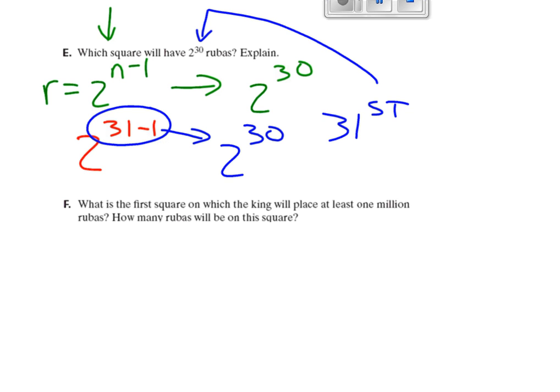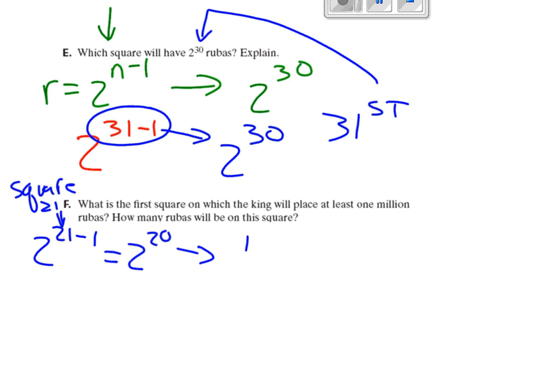Now, what you should have found was that on square 21, so that would be 2 to the 21 minus 1. That's square 21. That creates 2 to the 20th power. 2 to the 20th power was 1,048,576 rubas.